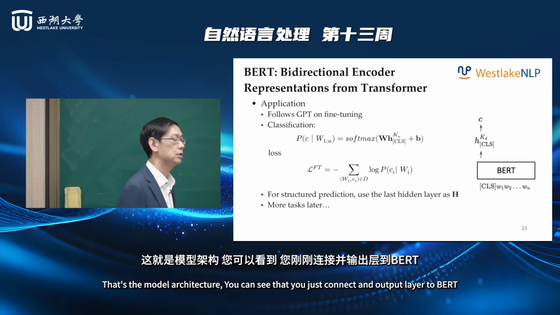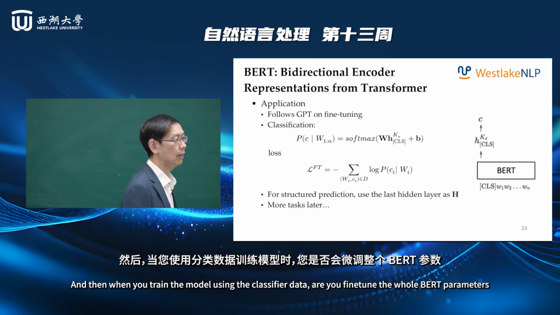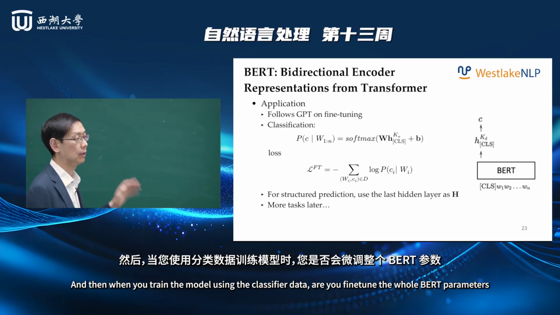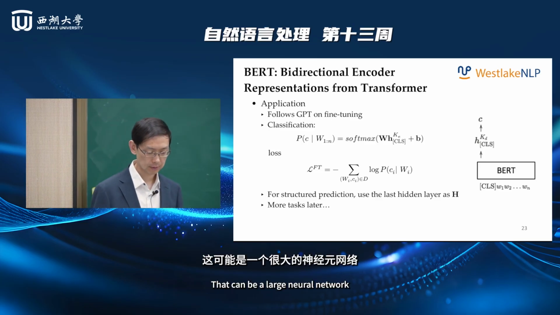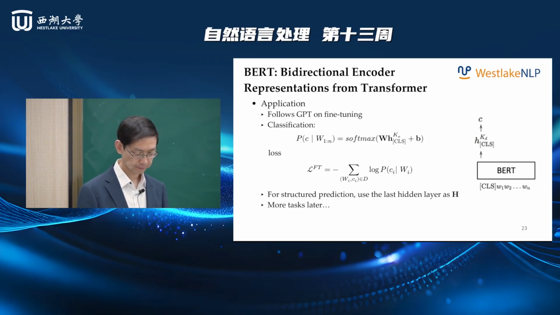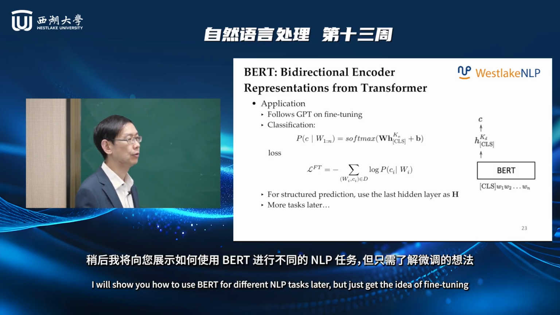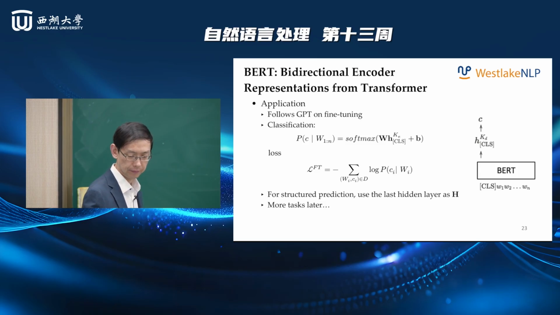You can see that you just connect an output layer to BERT, right? And then when you train the model using the classifier data, you fine-tune the whole BERT parameters. That can be a large neural network. I will show you how to use BERT for different NLP tasks later, but just get the idea of fine-tuning.